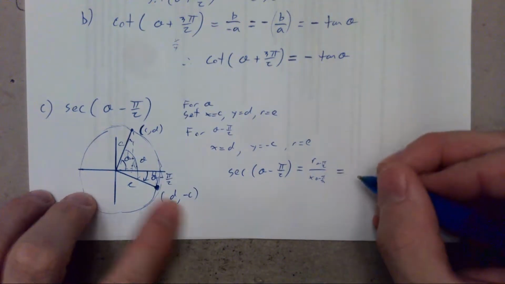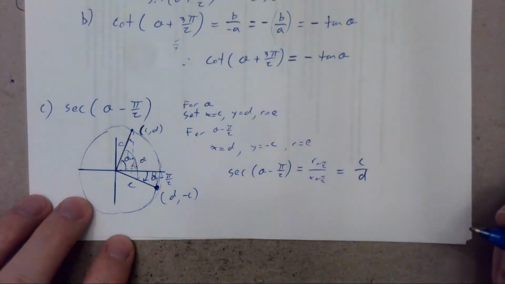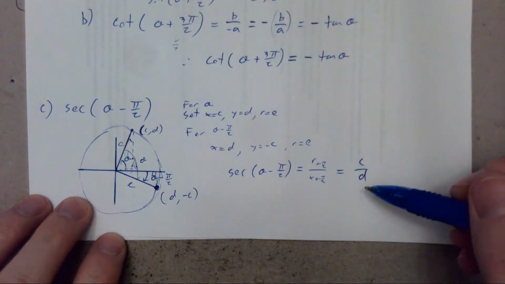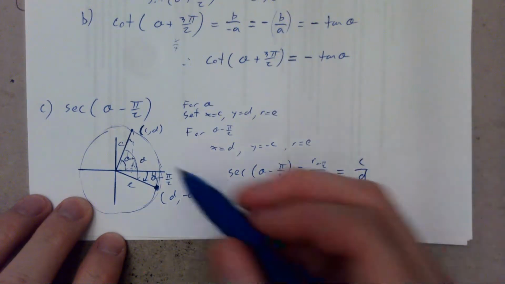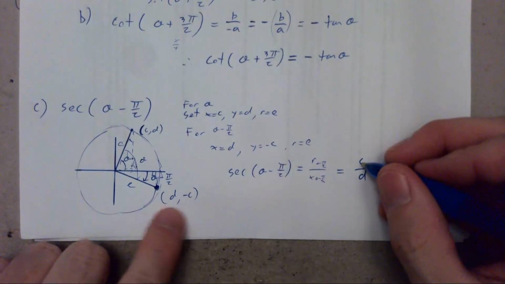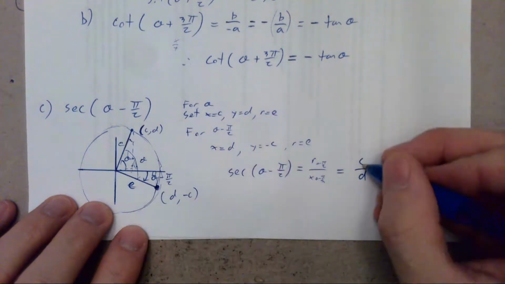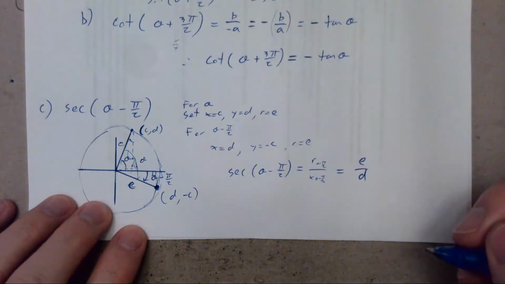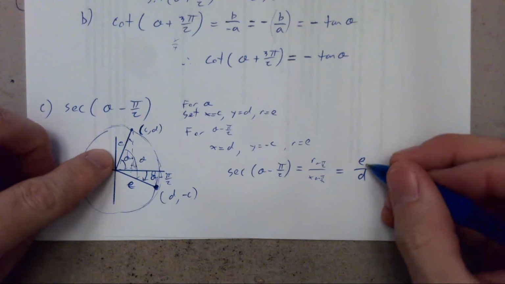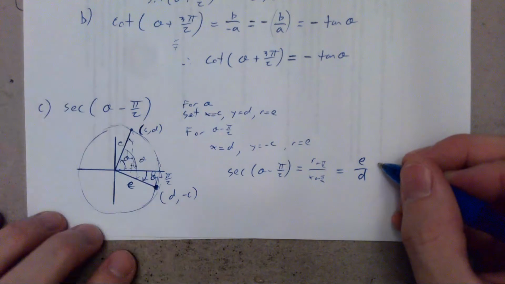So that's going to be my r value, E, over my x value, D. And notice I don't need to deal with the negatives like I did up above. I just ask myself, where have I seen the ratio E to D before? Wait a minute, that's not right. My r value, oh, it's because I changed my radius, didn't I? That's an E. My E's look like C's. Anyways, I recognize this as being theta's R value divided by theta's Y value.